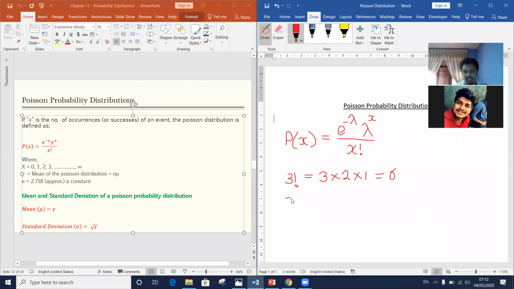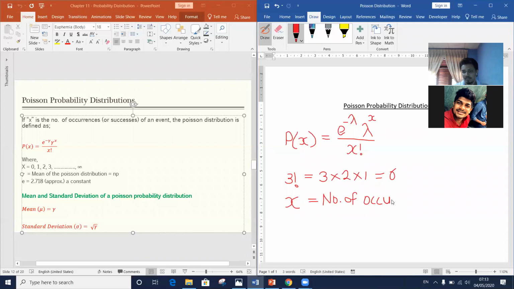So what is this x? P(x) means probability of X number of occurrences. If it is so, what do we mean by X? X means what? Number of occurrences, right? Number of occurrences.